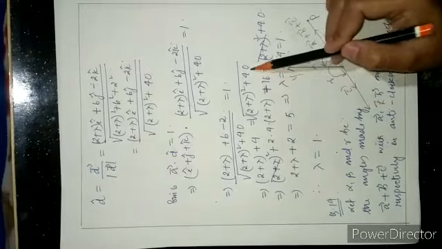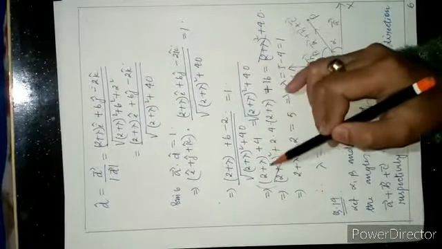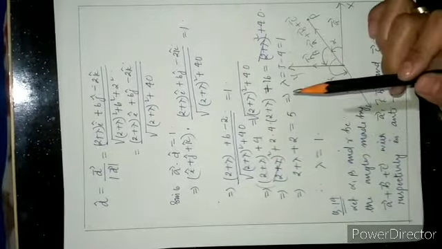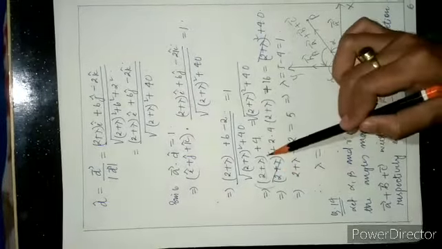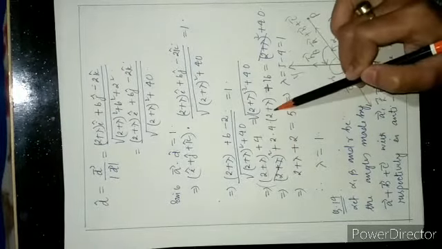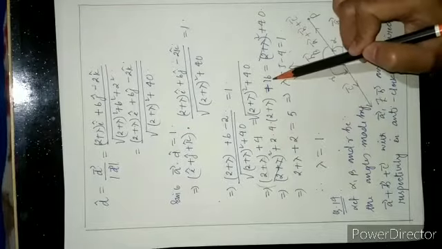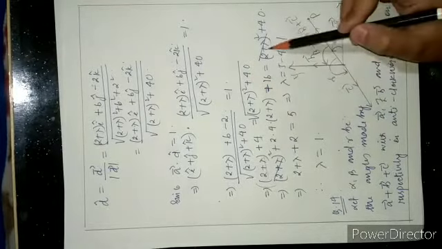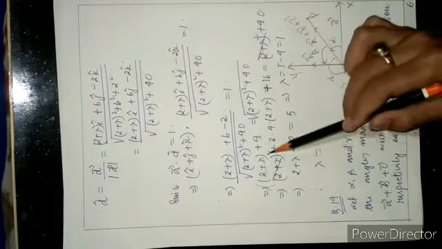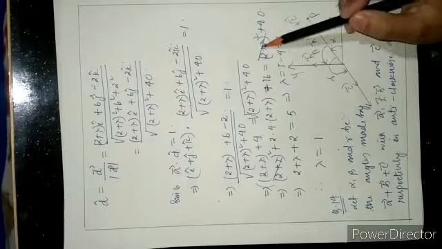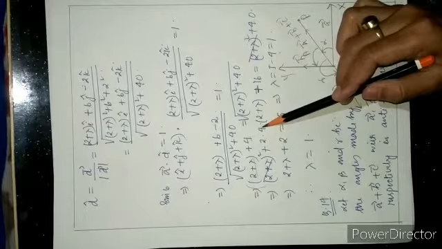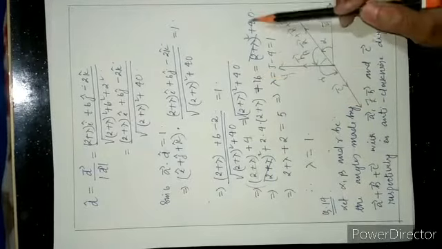Again squaring on both sides. 2 plus lambda whole square, expand it. 2 plus lambda whole square plus 2 into 4, the first term of 2 plus lambda. Then 4 square is 16. Root and square cancel, giving 2 plus lambda whole square plus 40. 2 plus lambda whole square on the left and right sides cancel. Then 2 into 4 is 8, and 16 times 40 is a multiple of 8.